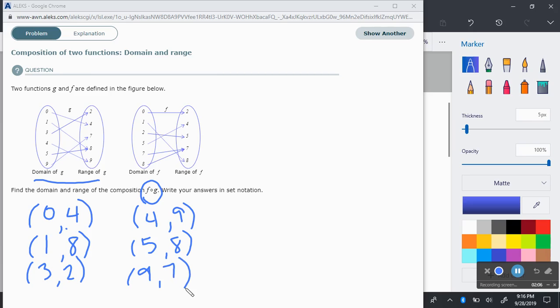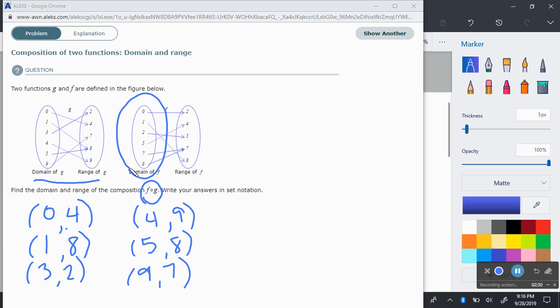However, not all of the values in the range of g can go into f. They're not all fitting into the domain of f. So now looking at the domain of f here, we can see that we have 0, 1, 2, 5, 7, 8. Now f is a function because if you notice all of the arrows only go to one y value.